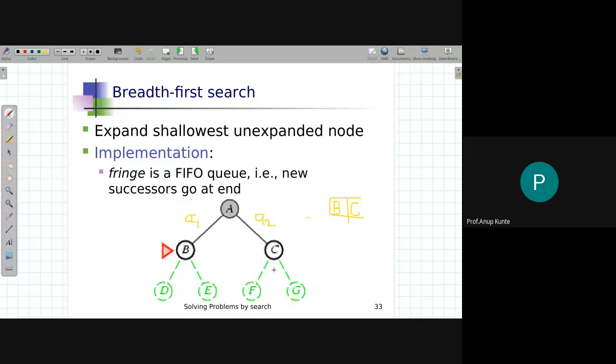I'm talking about B and C, which both belong to the same generation. So I can house them in the queue as BC or CB. To avoid any confusion, even in an examination, if this comes as a question in an internal assessment or elsewhere, you should remember that you keep them in alphabetical order if the nodes are in the same generation. If the nodes are not in the same generation, no issues.